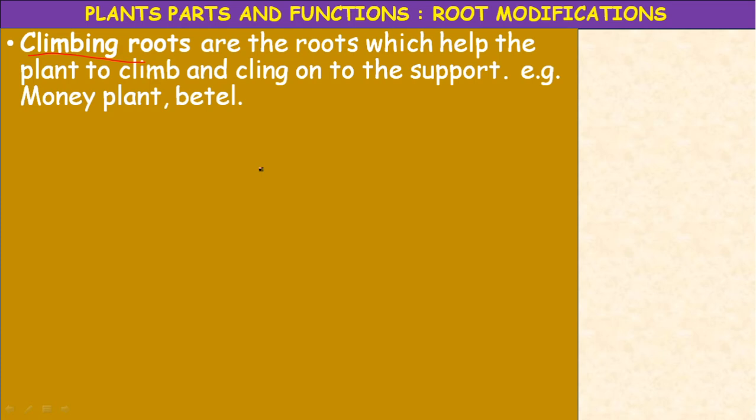Perhaps there are some such plants in our school or at home that we can take care of. For example, a money plant. It is a climber as well as a creeper. If you give support, it will climb, or else it will creep on the soil.